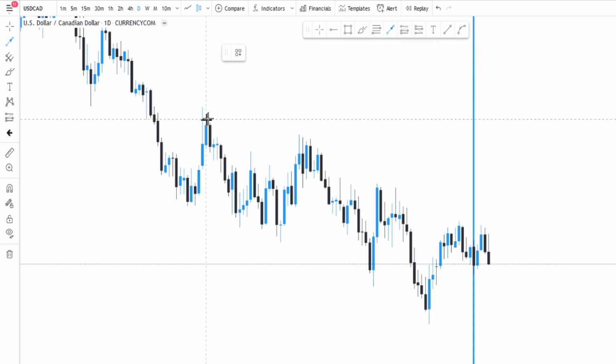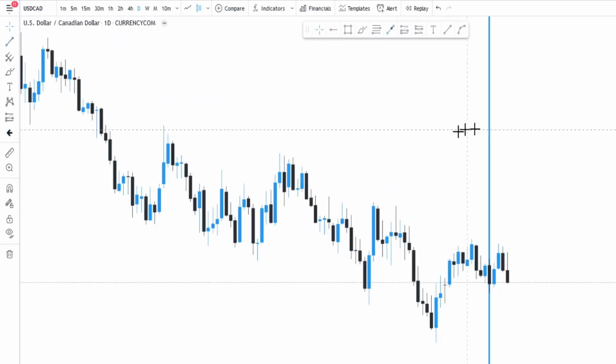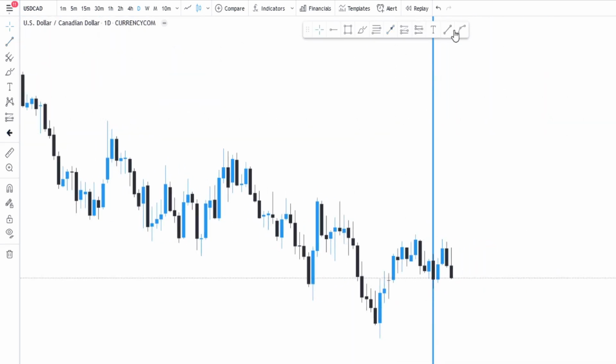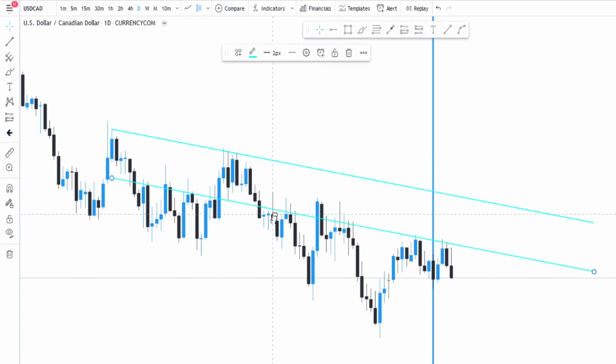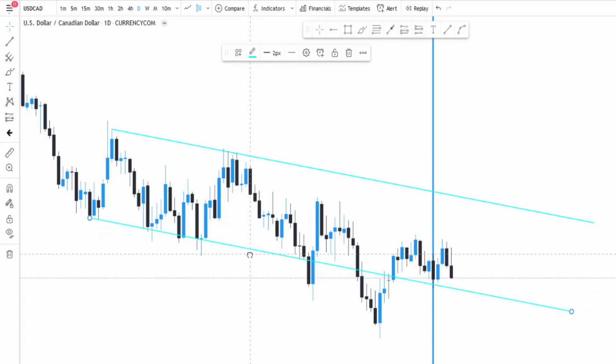New trend lines, and let's go. So here we see a short bias. See the trend line. Let's duplicate it, clone it, and put it here.